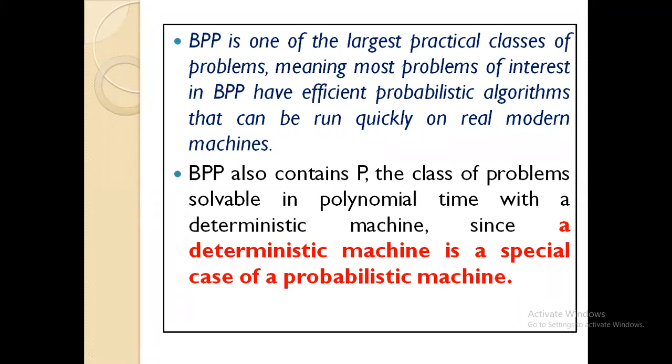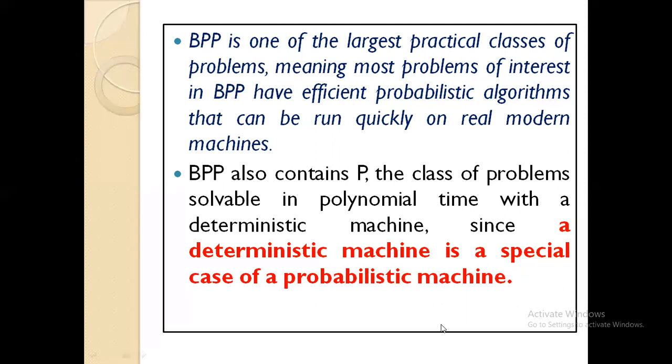We try to avoid those non-polynomial time based problems, right? So BPP is the maximum class, most problems belong to this. As BPP contains P, it is the class of problems which actually contains the maximum practical instances of problems, and it is again falling under the probabilistic Turing machine.